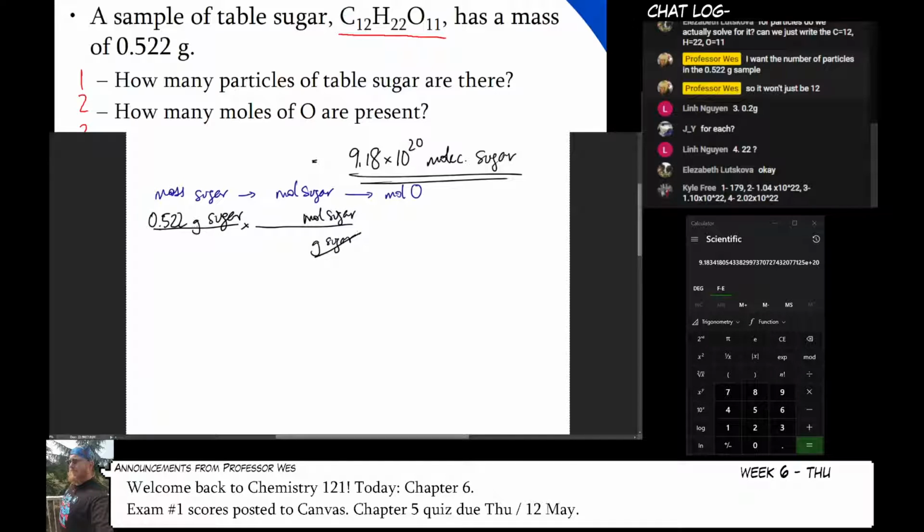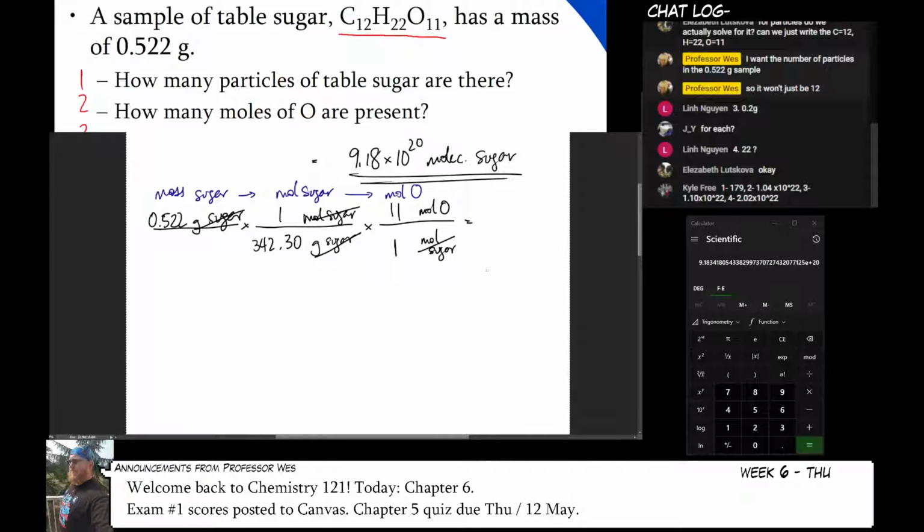And so these units cancel out, and I know that in 1 mole there are 342.30 grams of sugar because it's still the same molecule off the periodic table. And then I know that in a mole of sugar, cancel those out. How many moles of oxygen are there? Well, according to the formula, there are 11 oxygens per sugar.